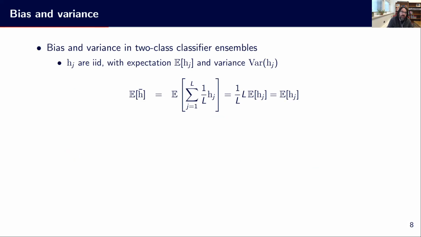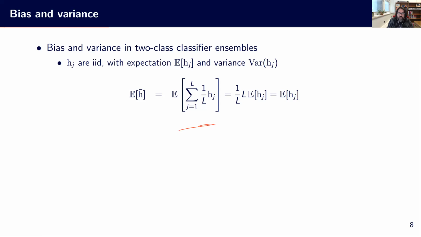So now if we look at the bias and the variance in the two-class classifier ensembles, we can assume that the decisions are IID. It's still strong, but it's good for simplifying the developments and getting some insights on how it works. So looking at basically the expectation over the output, we can look at the expectation over the sum for the L members here.